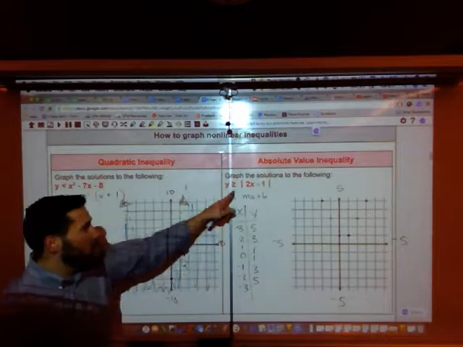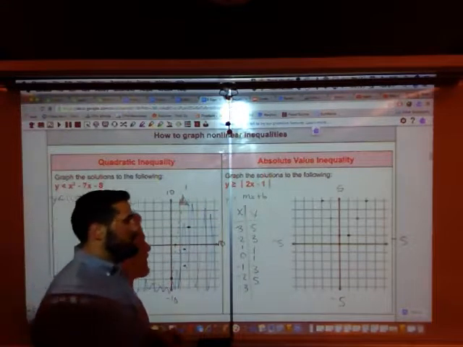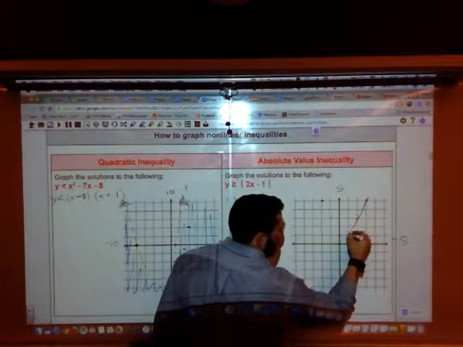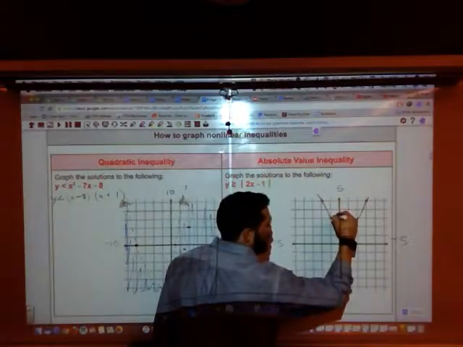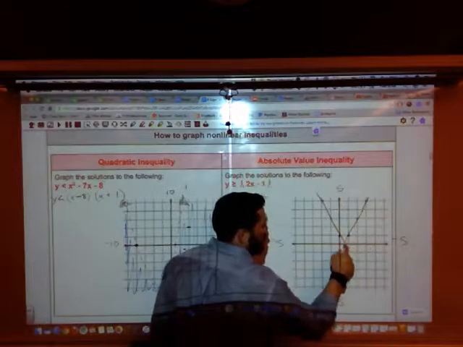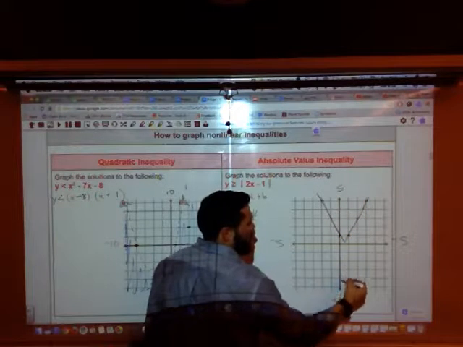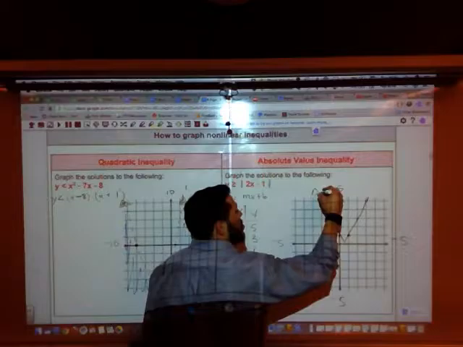So this graph is actually allowed to be solid in this case because it has that equal to symbol. The boundary is allowed to be solid. So I'm just going to connect this. The line of symmetry is right in between these two points here. So that's my graph, at least my boundary line.